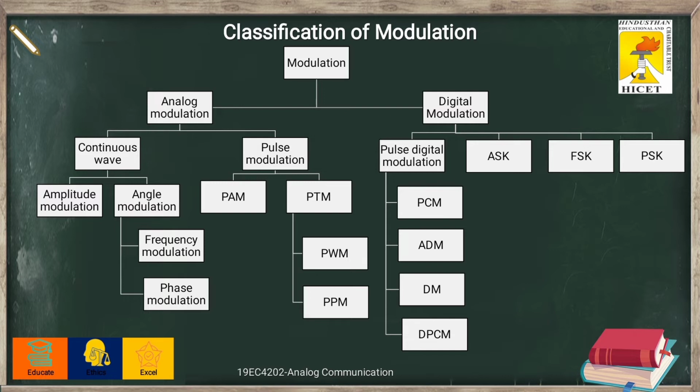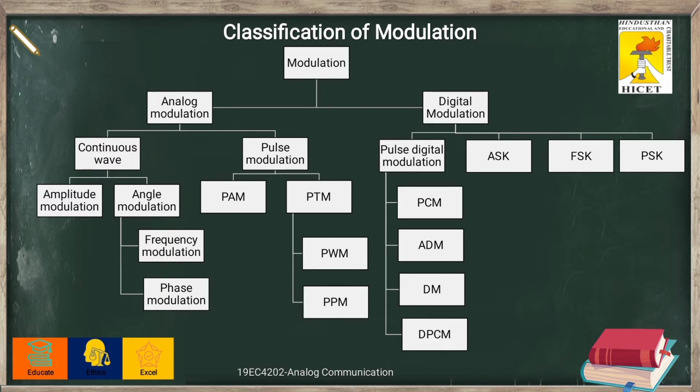So, in continuous wave modulation, both the message as well as the carrier are analog in nature, whereas in pulse modulation, the message is analog in nature, whereas the carrier is digital in nature. The continuous wave modulation is again divided into amplitude modulation and angle modulation.